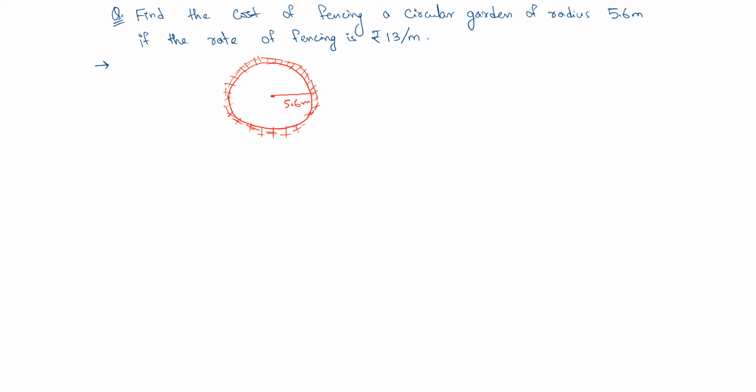So let us write what is given first. Radius is equal to 5.6 meter. So with the help of radius we can easily find the circumference. So circumference of the circular garden equals the formula 2 pi r.